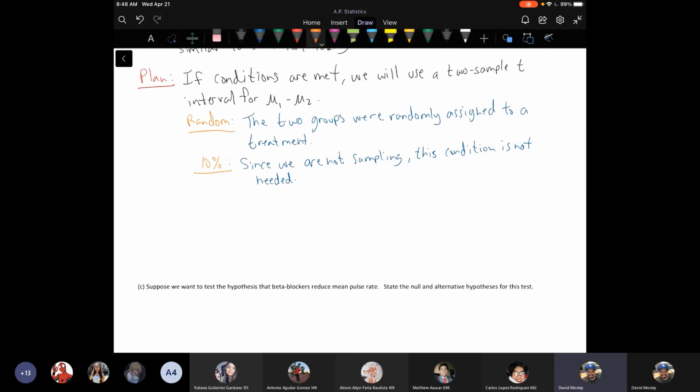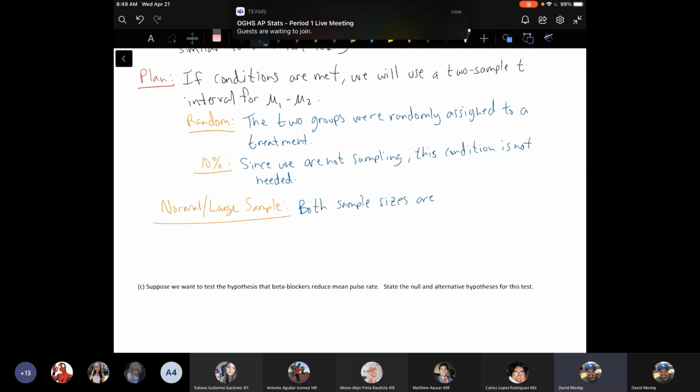And then lastly, we have the normal/large sample condition. Both sample sizes are at least 30.